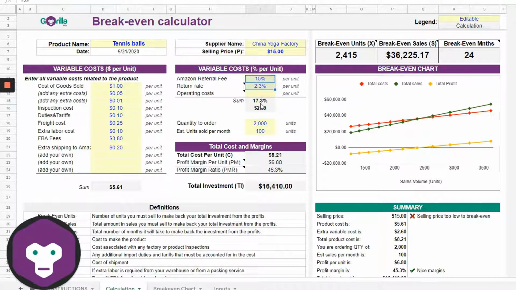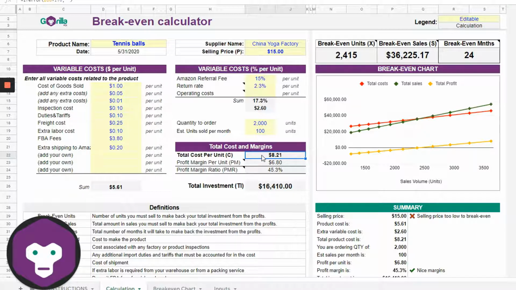And so when I do this, I've got 17.3% as well added to the unit cost, which adds up to $2.6. My selling price is currently $15. And so the total cost per unit is $8.21 after I include all the cost of goods sold, the landed cost, the freight, etc., duties, tariffs, fees, referral fees, return rates.